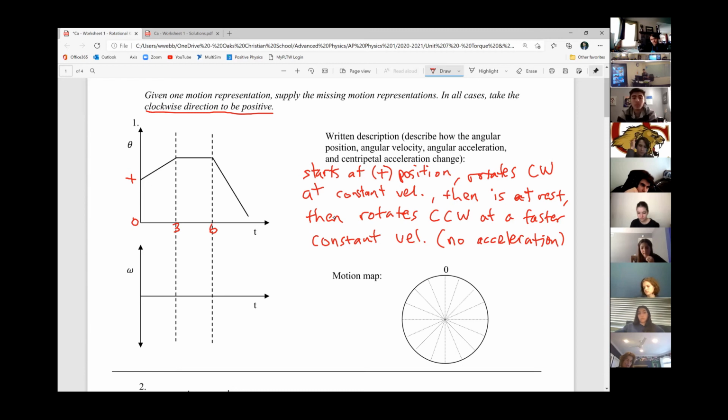Now for my motion map, they've given us a 0 position up here at the top. So if we use that as 0 instead of the traditional 3 o'clock on the clock, we've started at some clockwise position. We don't know where, but if that's position 0, I'm going to say this is t equals 0.